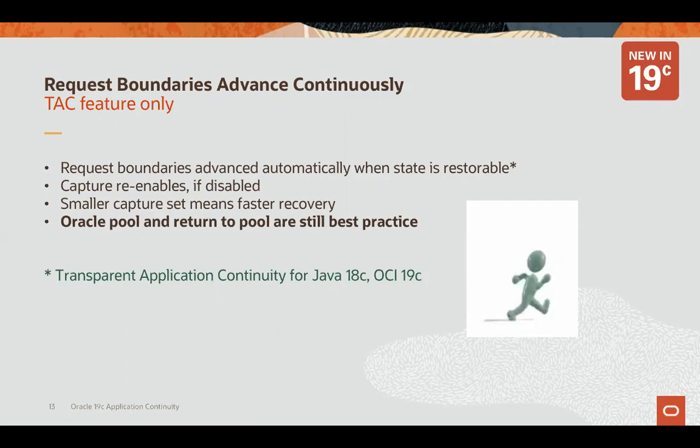We need to make small captures, and in this case, the requests have to be small. We have to use the connection pools. This is, I think, one of the main prerequisites of using transparent application continuity, and we have to specify and adopt in our application architecture a draining method for the sessions and for the users.